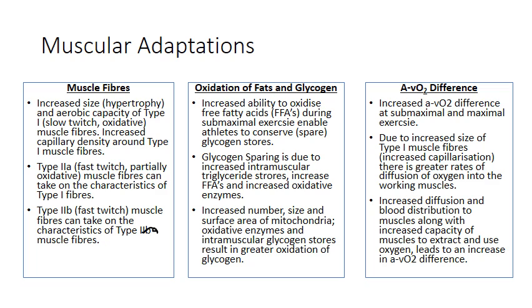That is due to the increased size of the muscle fibres, having increased number of capillaries, there's a greater rate of diffusion of oxygen going into the muscles. Increased diffusion and blood distribution to the muscles, along with increased capacity of the muscles to extract and use oxygen, leads to an increase in AVO2 difference. So that increase in AVO2 is actually the result of a number of different adaptations working together.